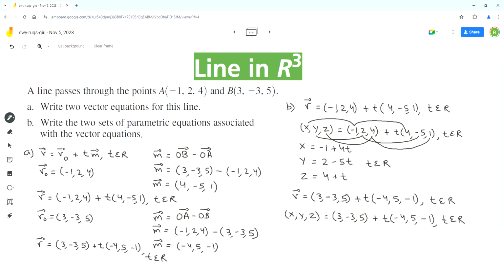For the x equation, we'll use the x components of these three vectors. And we'll multiply -4 by t. Now we can write the y equation using the y components.